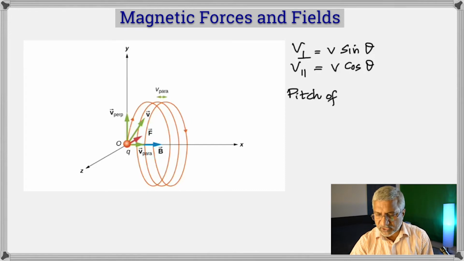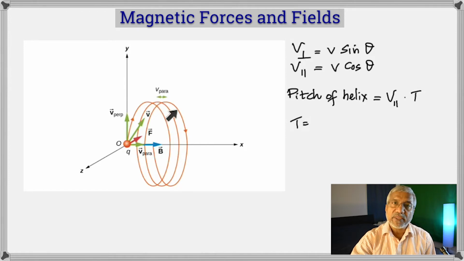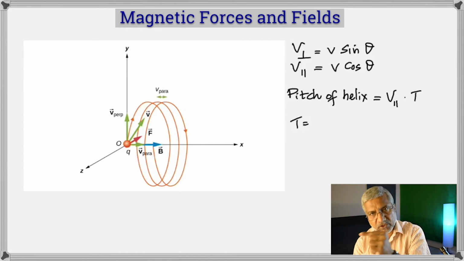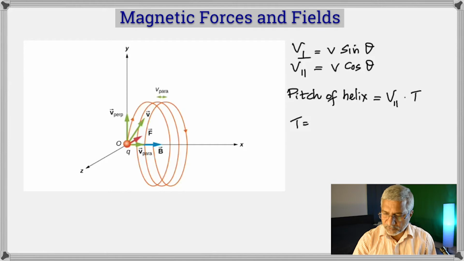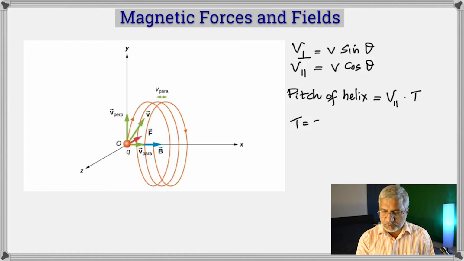To find the pitch of the helix, multiply the parallel component with the time taken, because if it starts from here, it takes the time period to come back there, and in that time, it's moved forward. Since displacement is velocity multiplied by time, we need the time period multiplied with the parallel component. The time period is 2 pi m by qB.